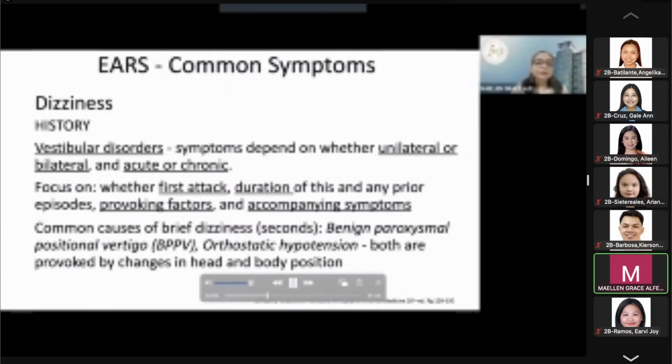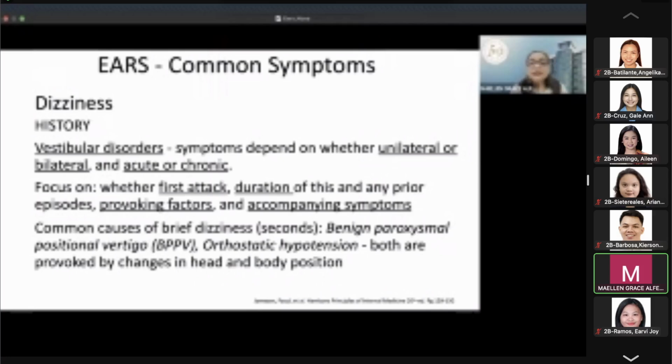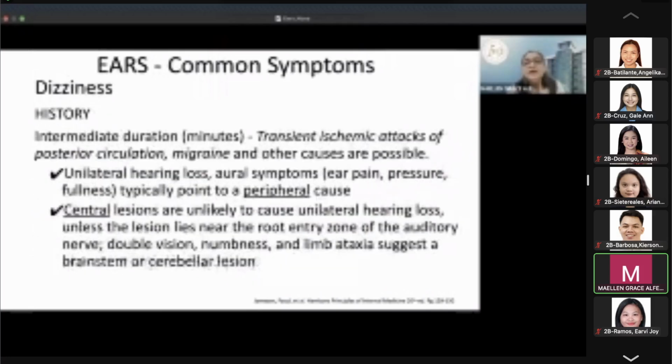Now, those intermediate in duration, or minutes, are usually suffering from transient ischemic attacks of the posterior circulation, or migraine, and there are other possible causes. Usually, a unilateral hearing loss or aural symptoms such as ear pain, pressure, and fullness typically point to a peripheral or vestibular cause.